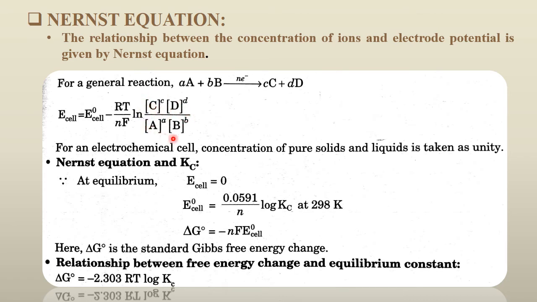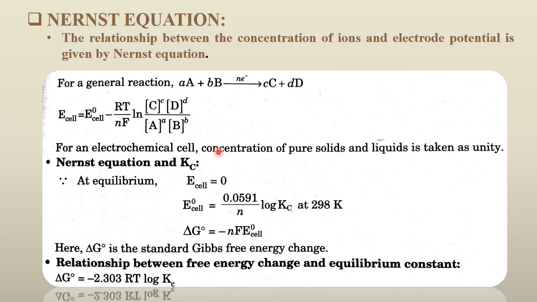We have already studied this in the law of mass action while calculating the dissociation constant, right? So it is the product of the concentrations of the products raised to their stoichiometric values, upon those of A and B. The square brackets represent the concentrations.